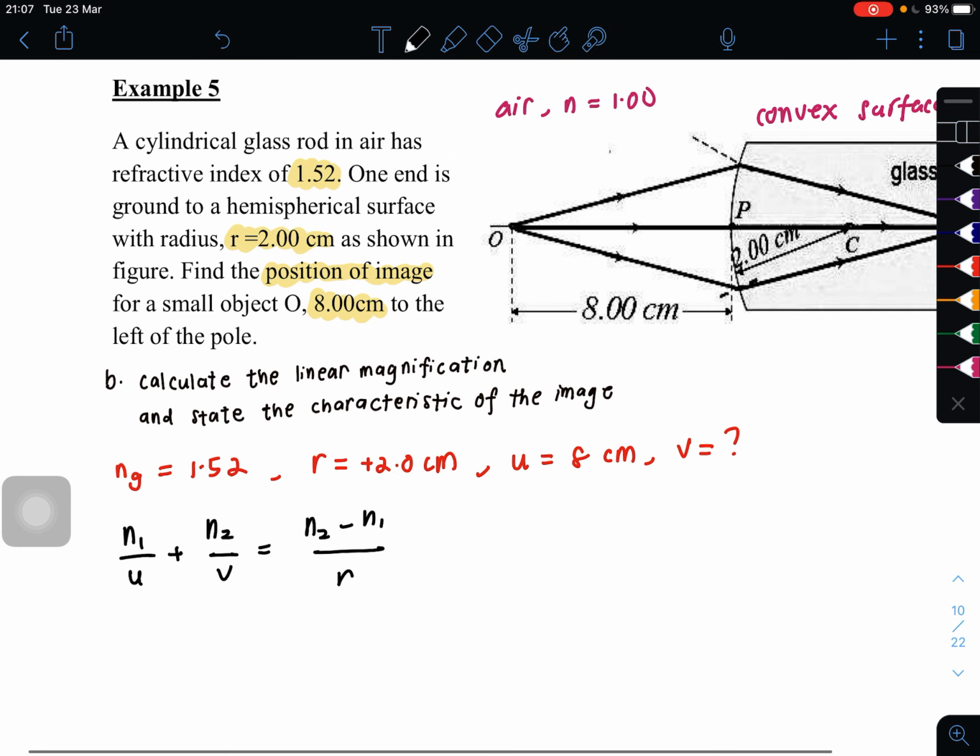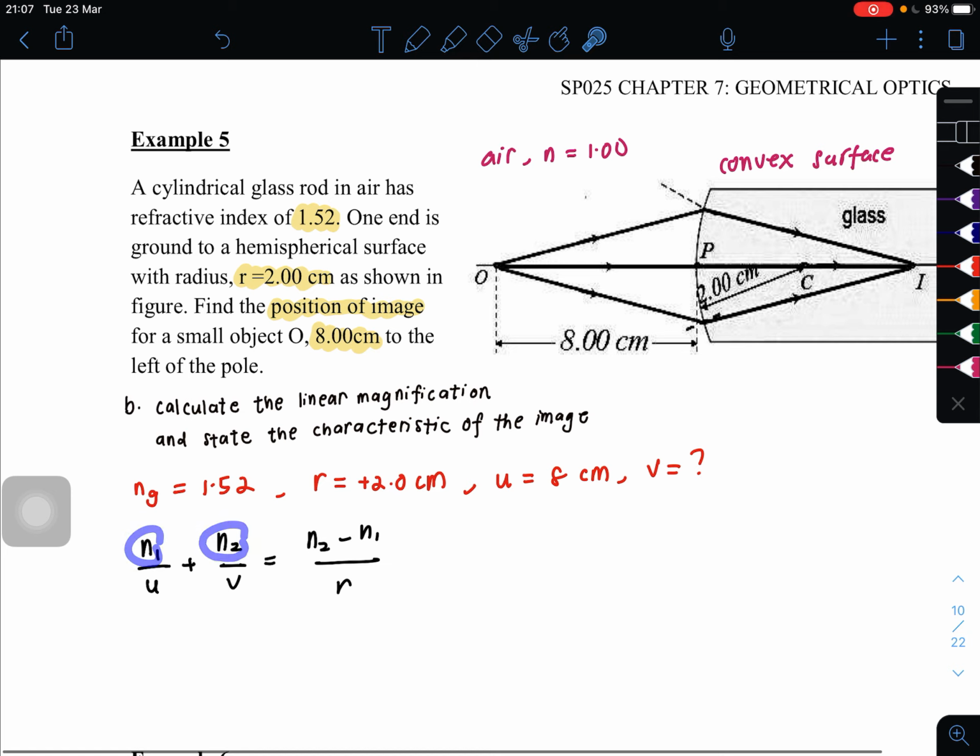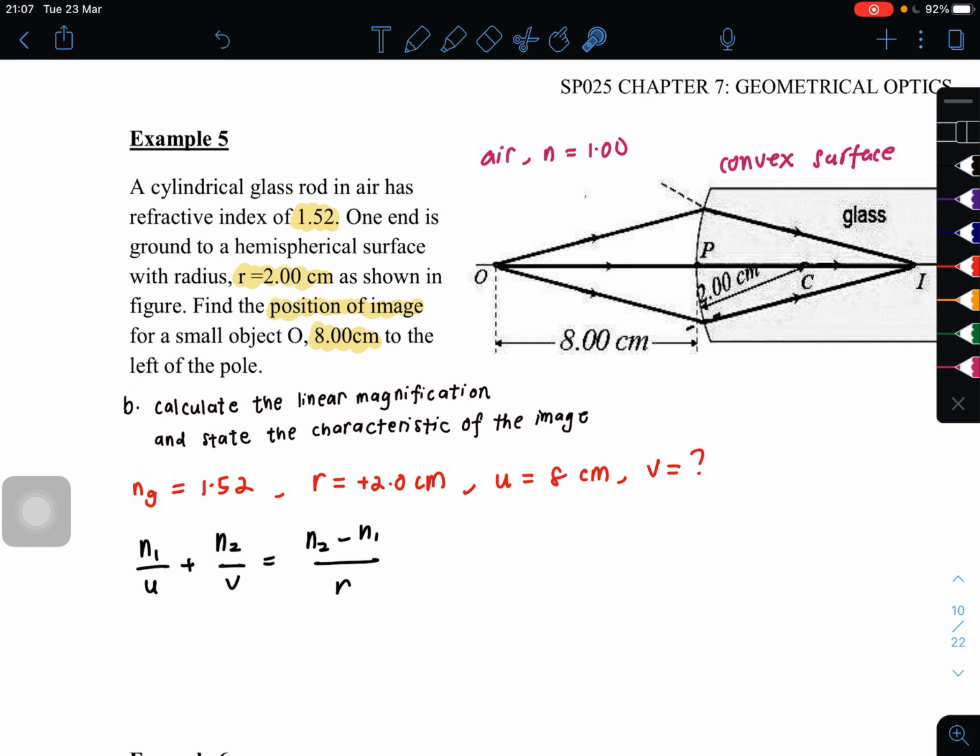Okay, so macam mana kita mau tentukan mana satu n1, mana satu n2? Okay, kalau kita tengok dekat sini kan, the formula n1 divided by u. U ni kita tahu dia adalah distance of the object. Maksudnya objek ni terletak di medium dekat mana. So u dekat sini, objek dekat sini, ni kan u kan. So objek dekat sini dia adalah diletak di medium air.